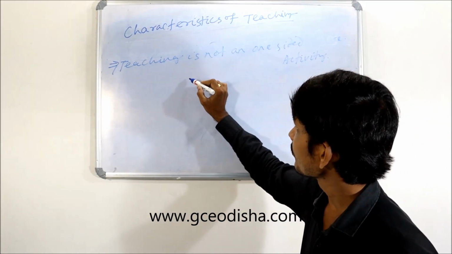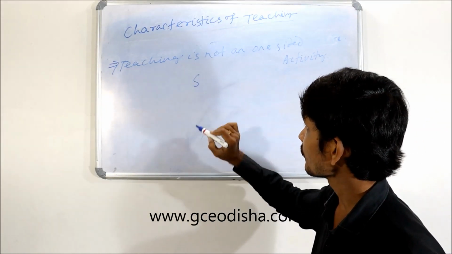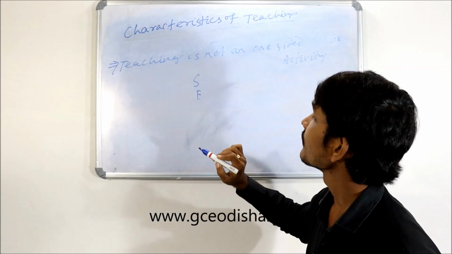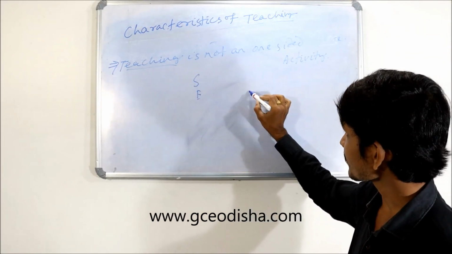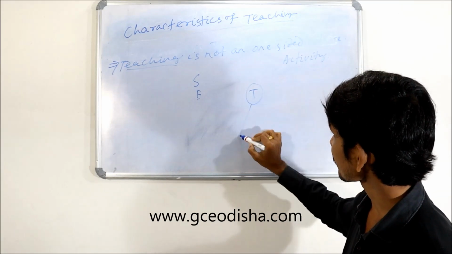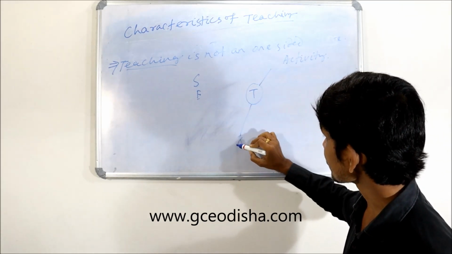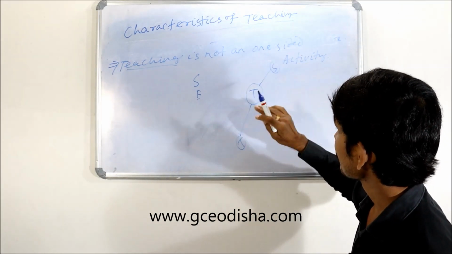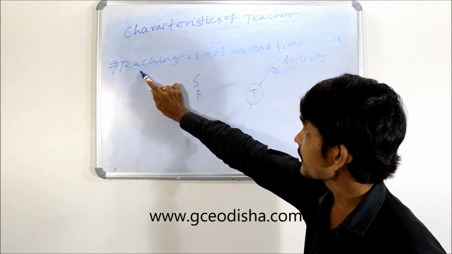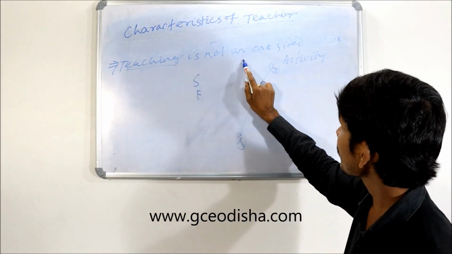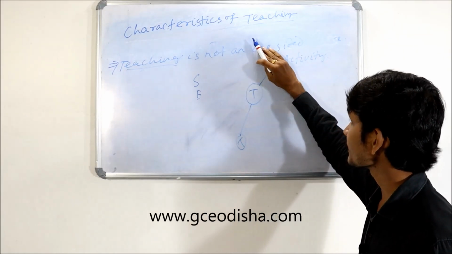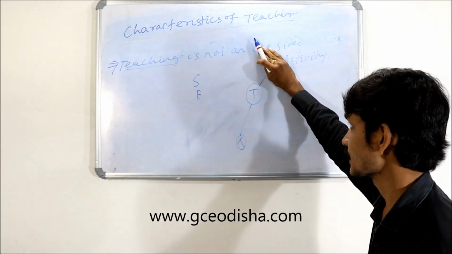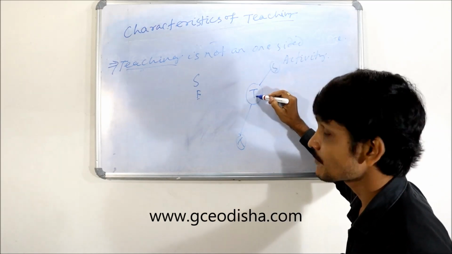Without student, without environment, teaching cannot be successful. A teaching program needs the teacher along with the student. Here we are saying that teaching is not a one-sided activity. If we remove the student from the classroom, can teaching be successful? Never.